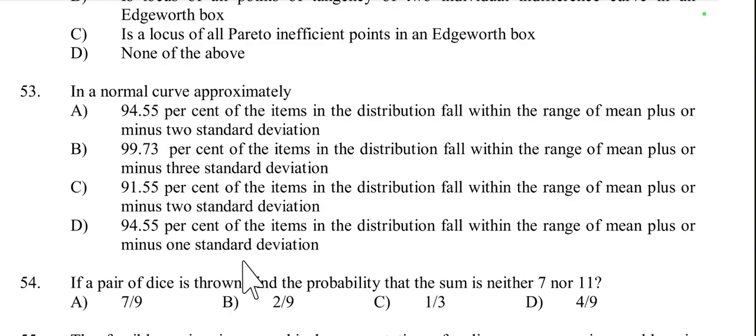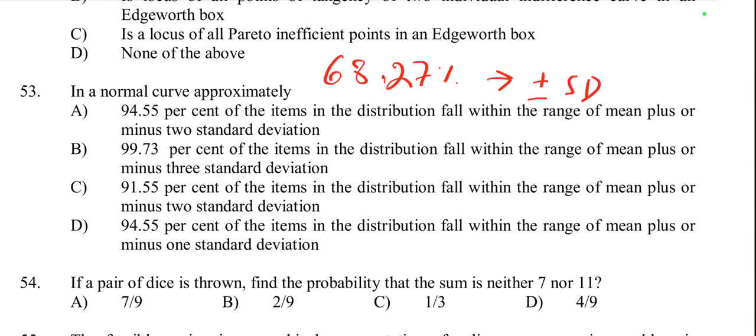So there was a formula. We know that approximately, if we discuss the formula, then approximately 68.27% of data falls within plus minus 1 standard deviation of the mean.